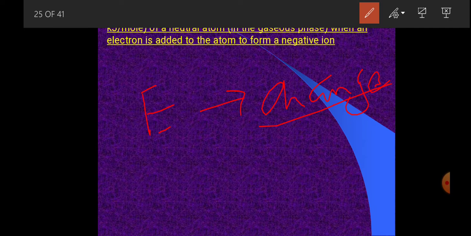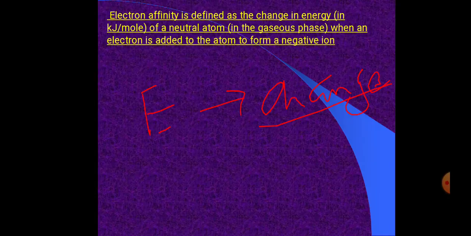Now, we are talking of an energy involved when an electron is added to an atom. That means for these particular atoms, they must be gaining an electron.